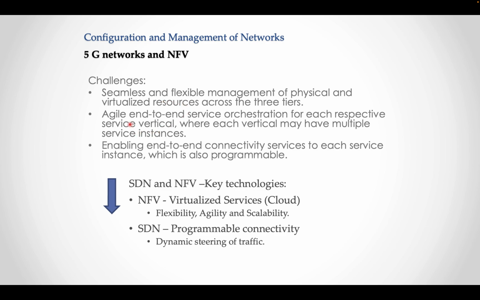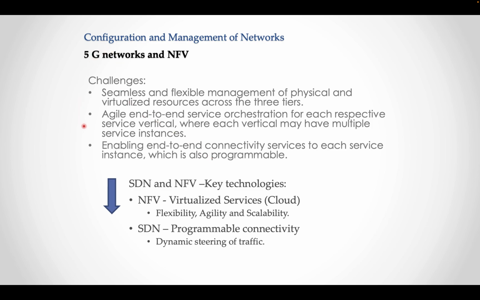Okay, we need to have end-to-end service orchestration that needs to be agile, that needs to be quick, and it has to deal with the radio network, the access network, the core network, and it has to separate all the slices, and I need to enable end-to-end connectivity in a programmable way.